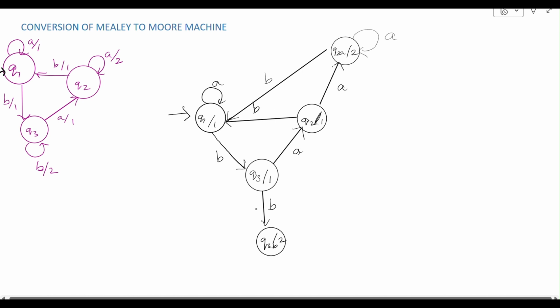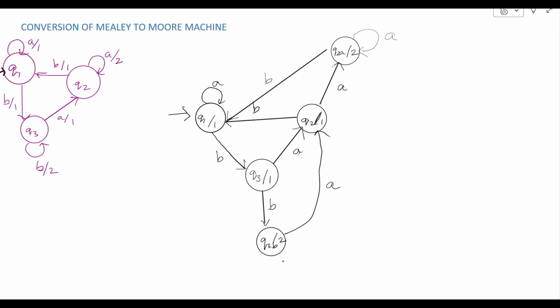Okay, now coming to the new state Q3B. How many inputs is it taking? Q3 is taking A and B, so Q3B will also take A and B. Q3B on taking A as input will go to Q2 and it will produce an output 1.